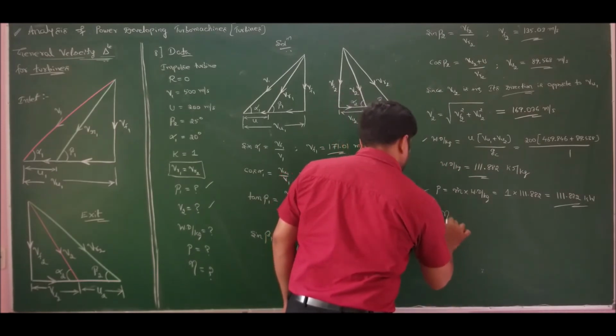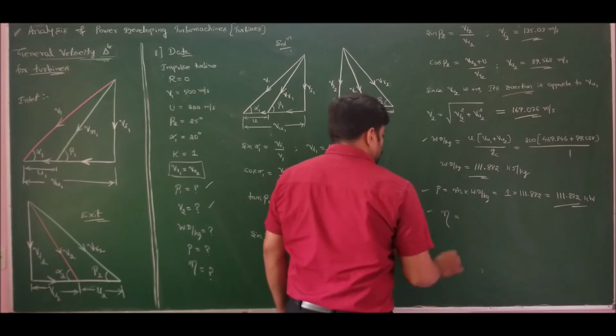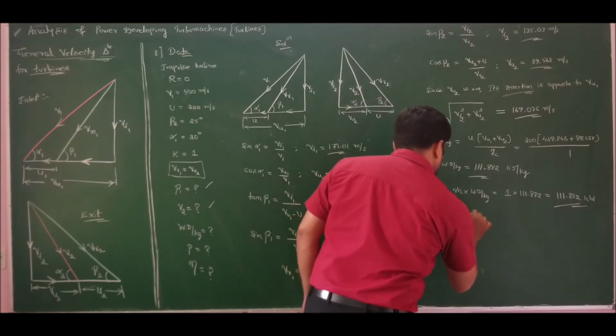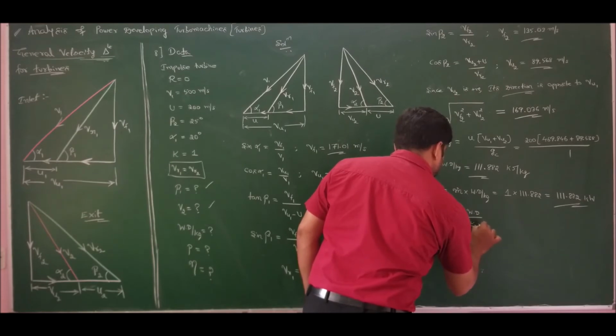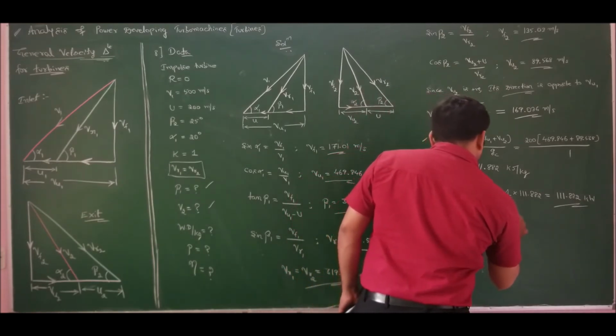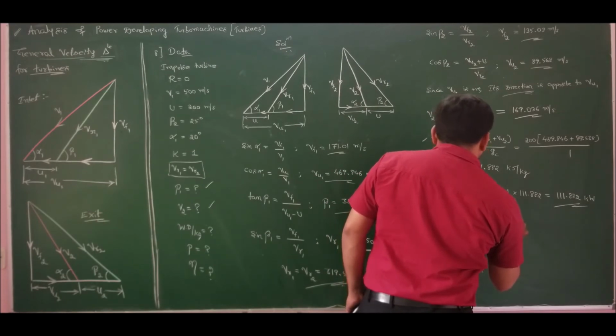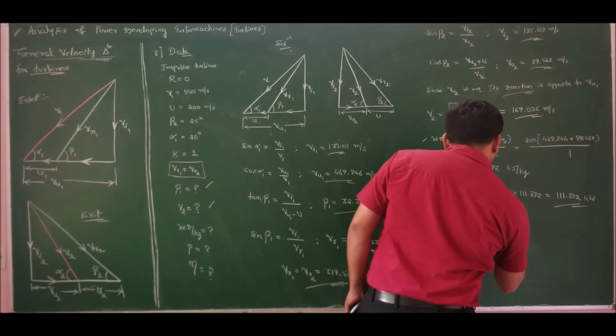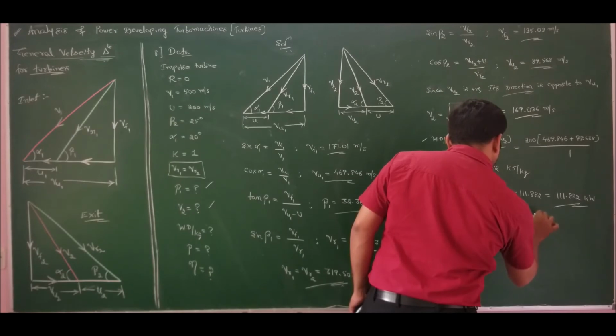Coming for efficiency, so efficiency of impulse turbine is calculated by work done per energy supplied. Work done by energy supplied. So formula for work done is already known. We have already calculated the work done per kg, that is U of VU1 plus VU2 by GC.